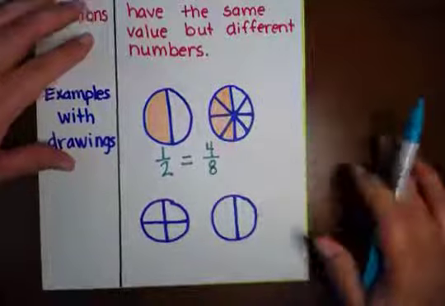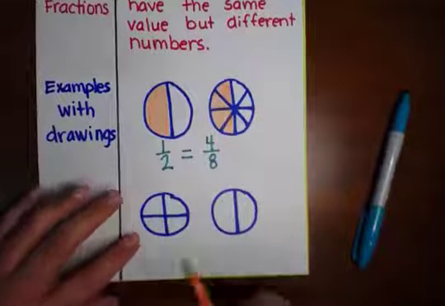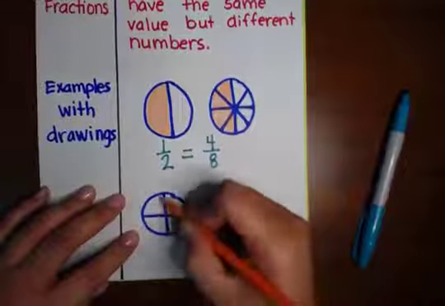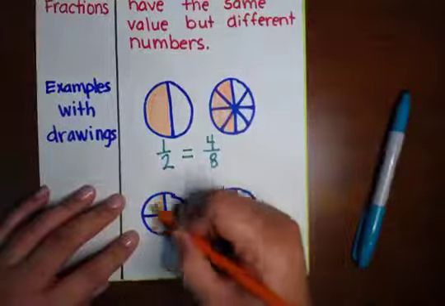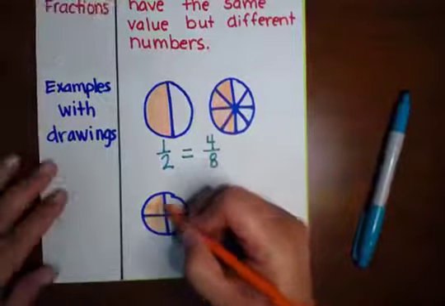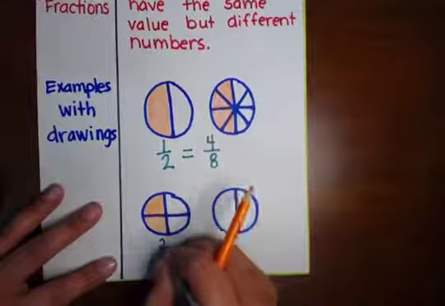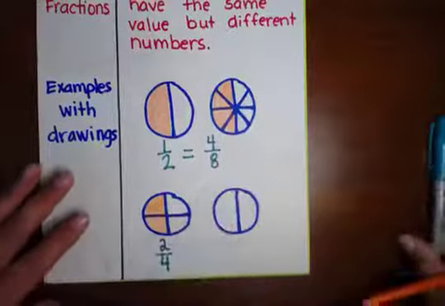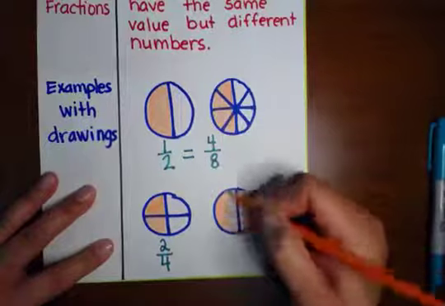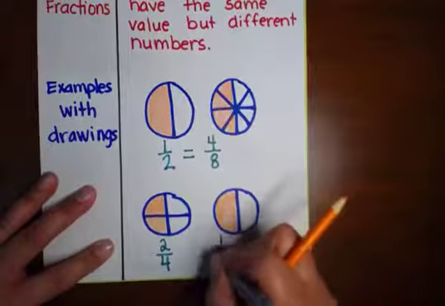Another example, if I have this shape down here, a circle, cut into 4 equal pieces, and I color in 2, the fraction here would be 2/4. Again, if I color 1 piece out of the 2 on this side, the fraction represented here is 1/2.